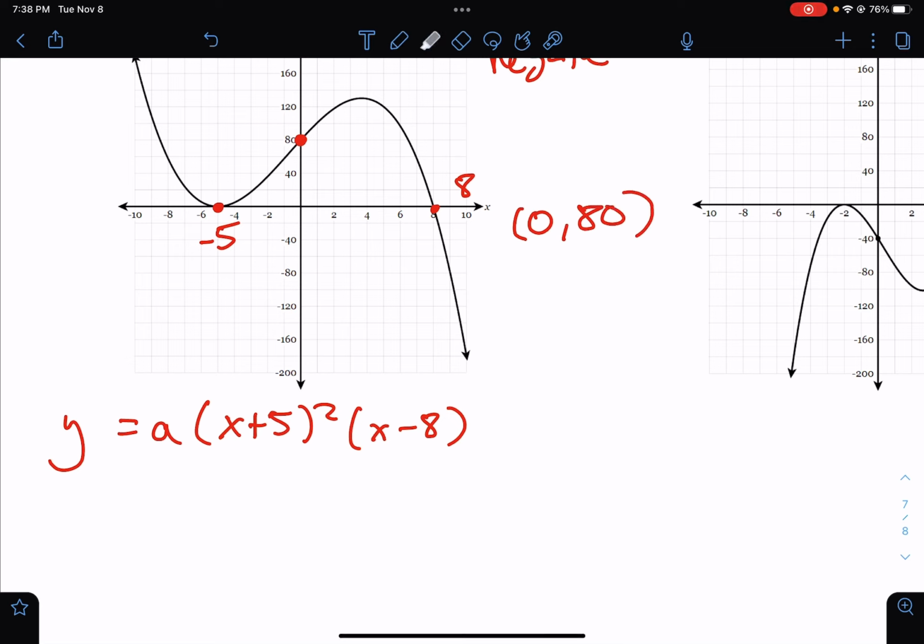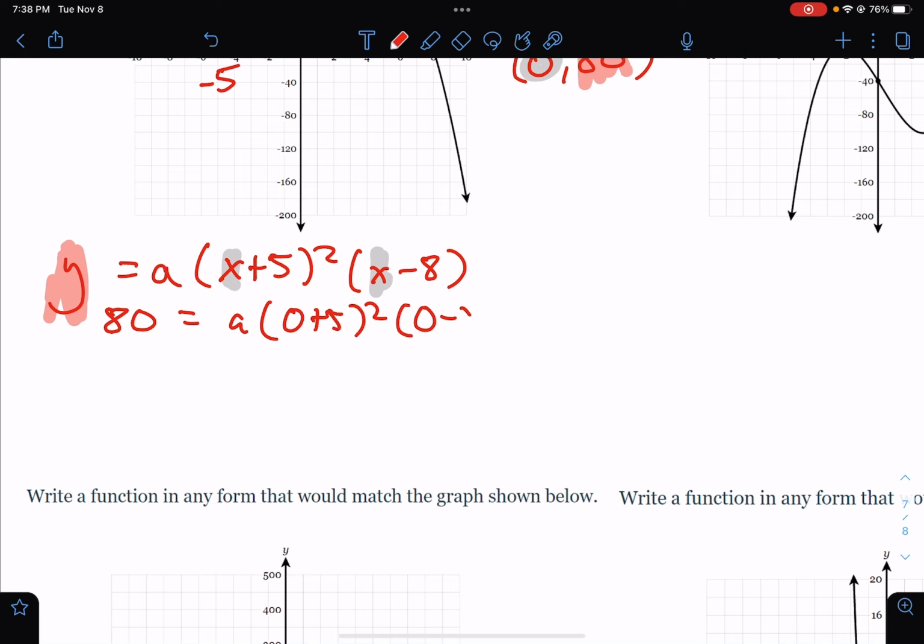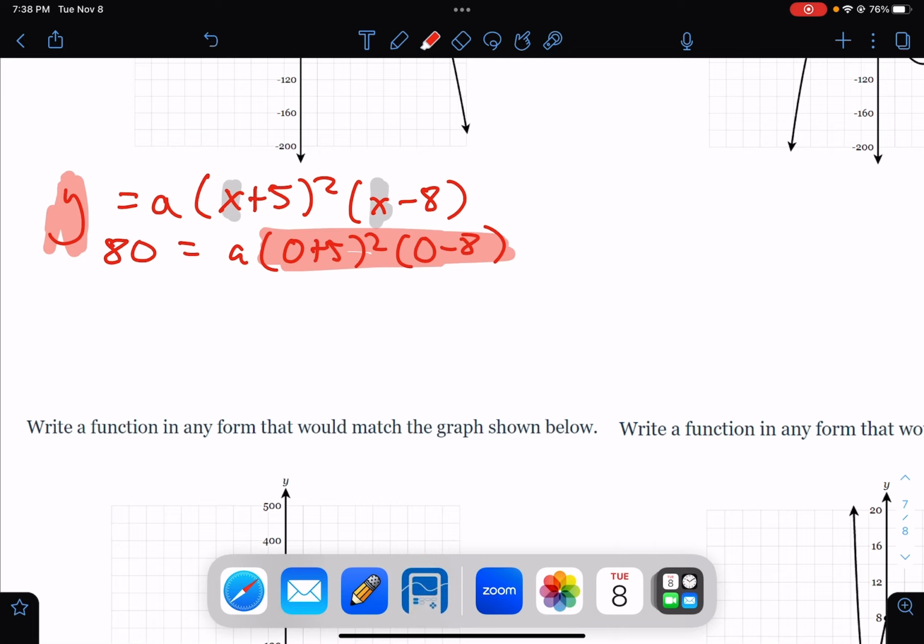So we're going to take a 0 and plug it in for x, and then take my 80 and plug it in for y. All right. So 80 equals a times, and we get 0 plus 5 squared, 0 minus 8. All right, so what we can do is plug all of this stuff into our calculator, the stuff that's attached to the a.